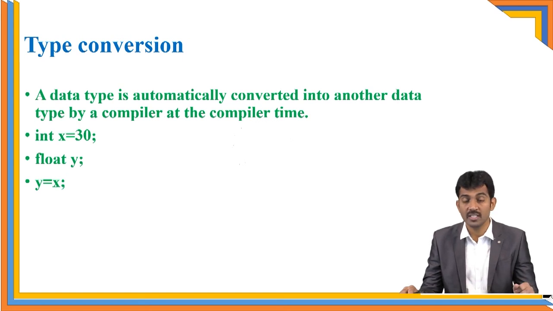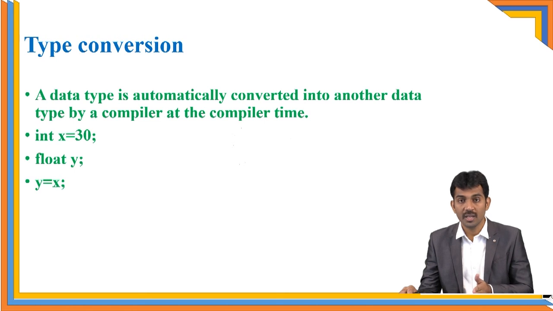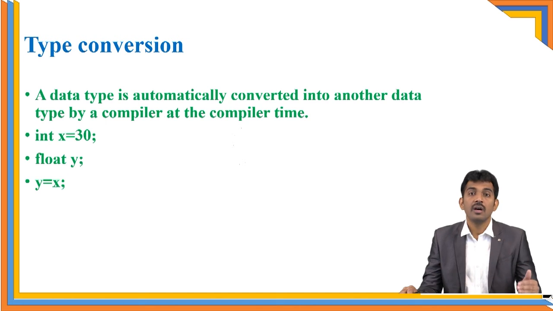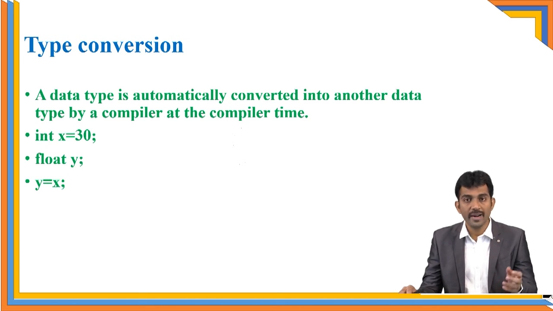In the first class we have discussed what is compilation and what is running. So at compile time, it is going to convert into the flexible data type. So you don't have to make any effort here. By default it is going to convert. This kind of situation may sometimes cause problems also. Be careful with such situations.